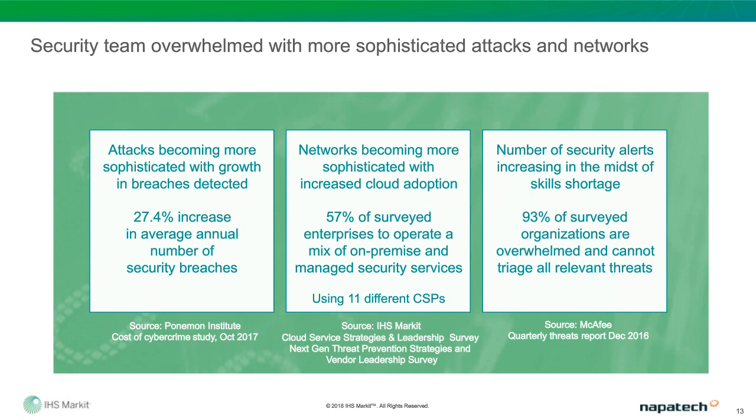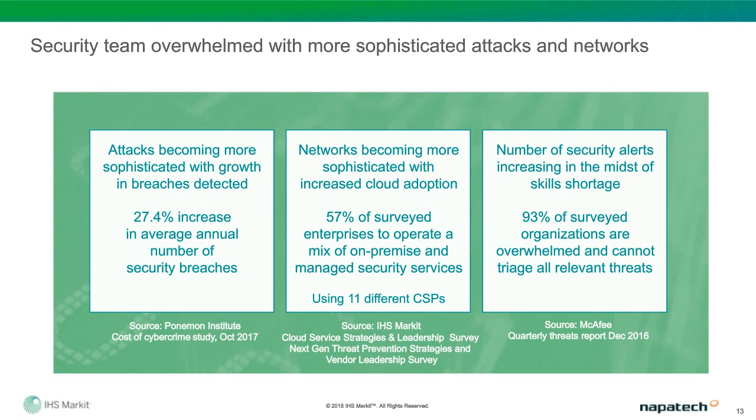But to add to that, we're also seeing that the teams themselves are feeling overwhelmed by the amount of information they have to triage. You are going to be getting a number of different security alerts from different security devices and other sources, from different parts of the network and from the cloud, that you have to make sense of on a real-time basis to see: am I under attack or am I not under attack, or where is it coming from?